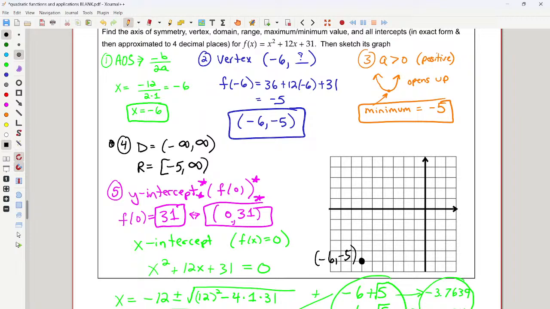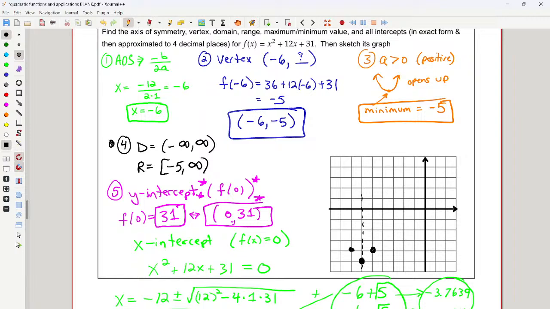So I plot that point. 1, 2, 3, 4. And I'm going to utilize symmetry. There's 1 on that side. Symmetry. I'm going to substitute in one more number, not -6.